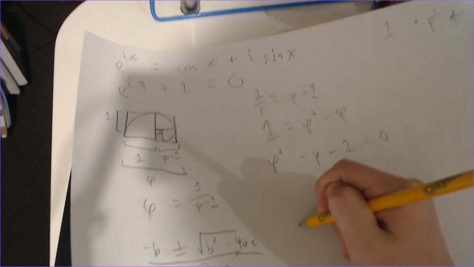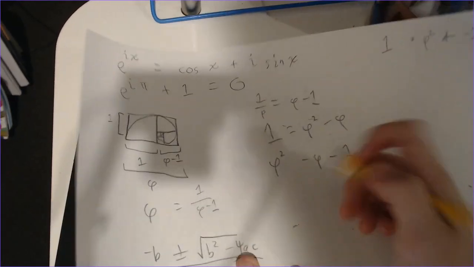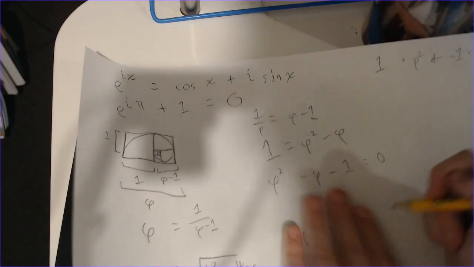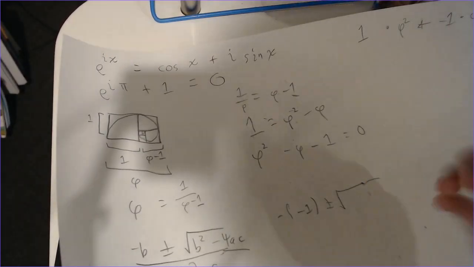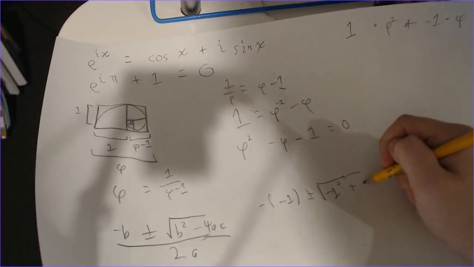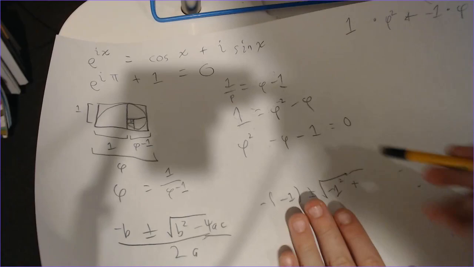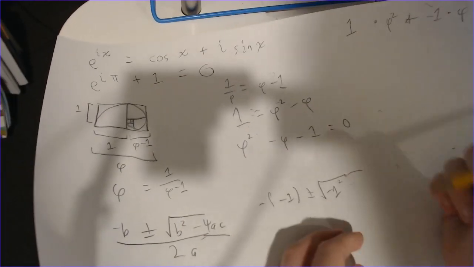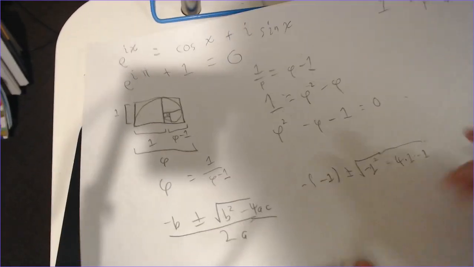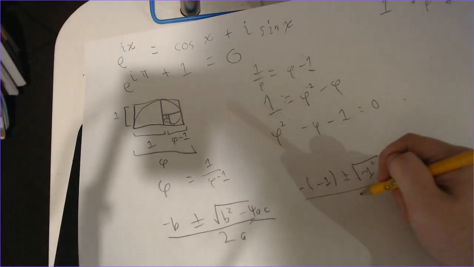which means negative 1 plus or minus the square root of negative 1 squared minus 4 times 1 times negative 1, all divided by 2 times a, which is 2.